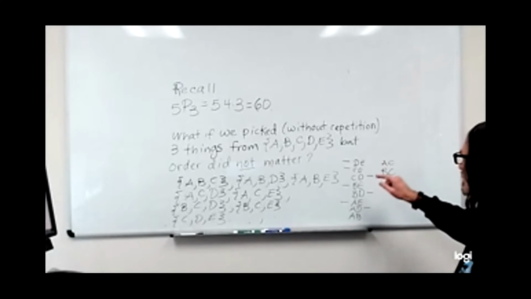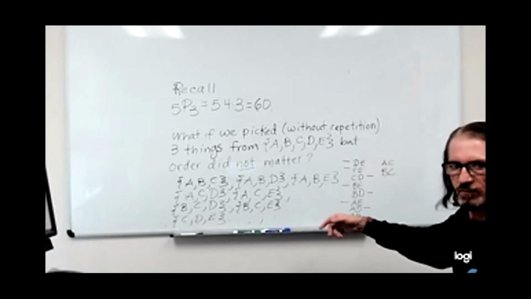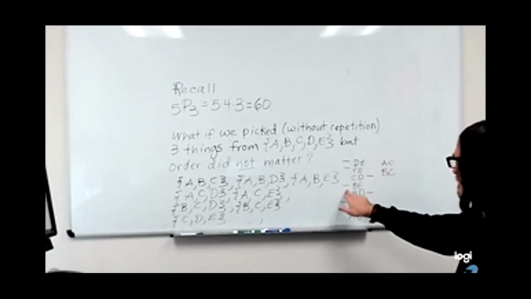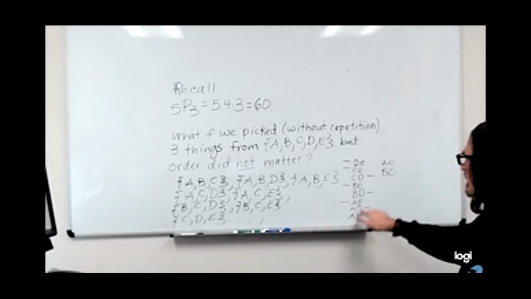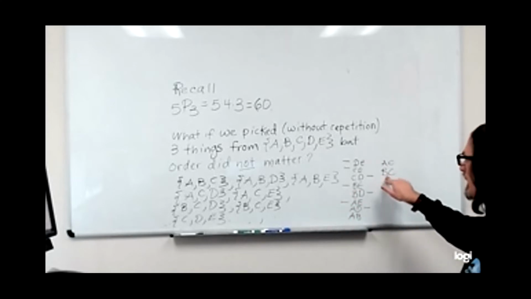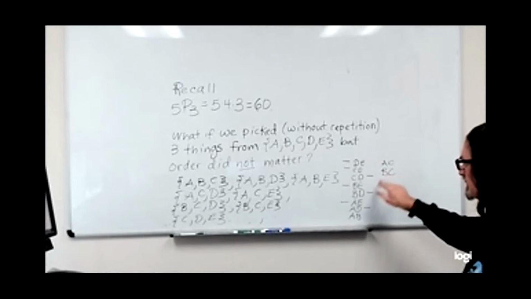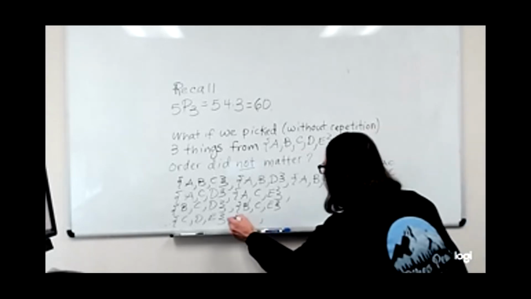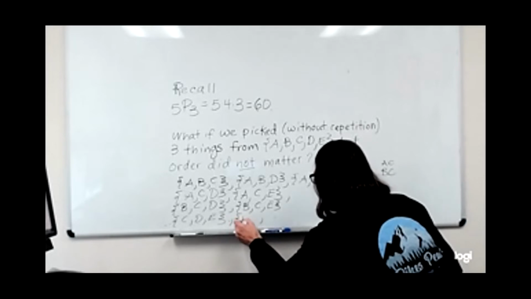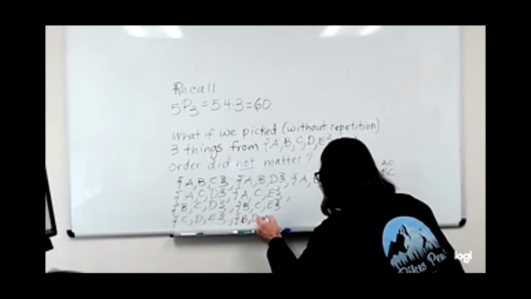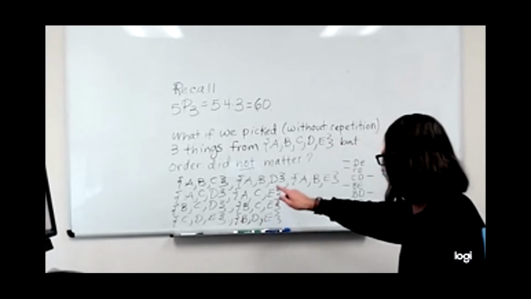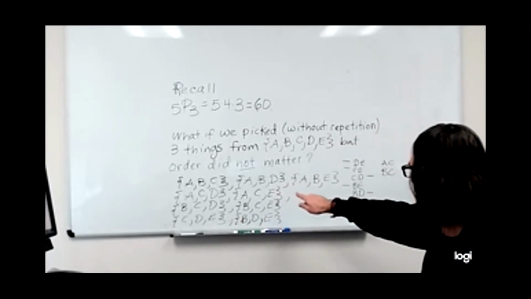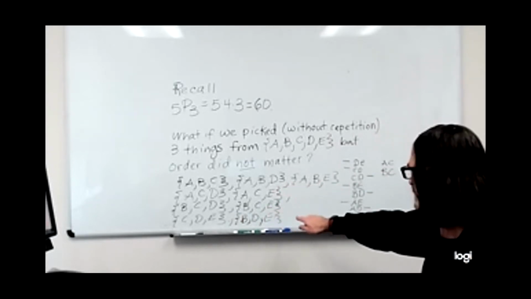Continuing, B then should show up in 4 places. Here, here, here, and now here. And A should show up in 4 places. Here, here, here, and here. All right, so leave out AC. That's going to give me B, D, and E, which, double checking here, was not anything I had already listed.